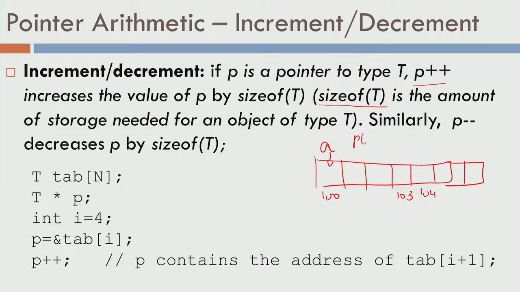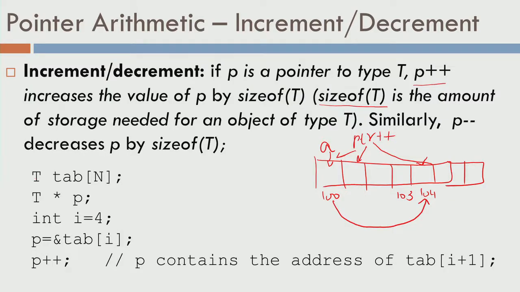If PTR is made to point to A and if you do PTR plus plus, PTR will not point to 101 because the data type PTR is pointing to is integer. The next valid integer is 4 steps away from 100. So, PTR plus plus will make it point to the integer at location 104.